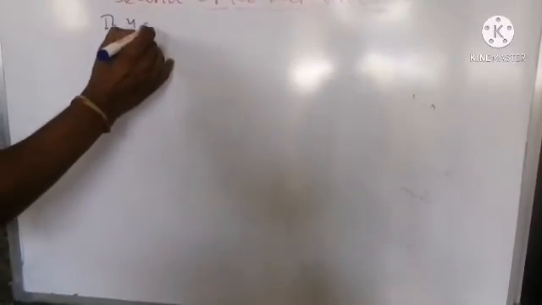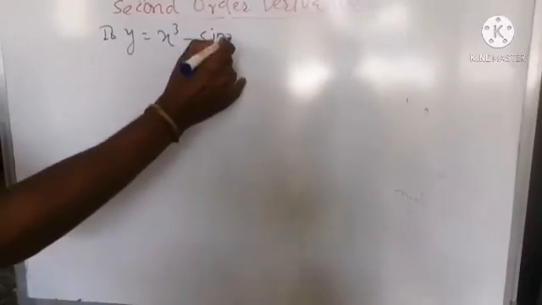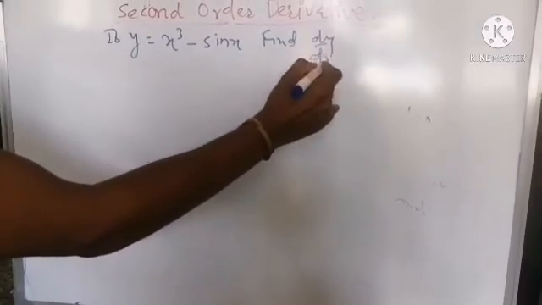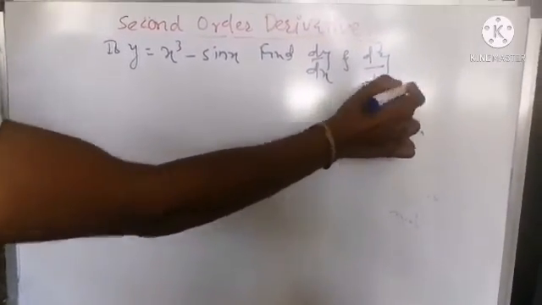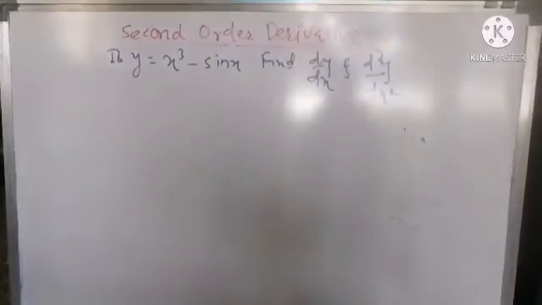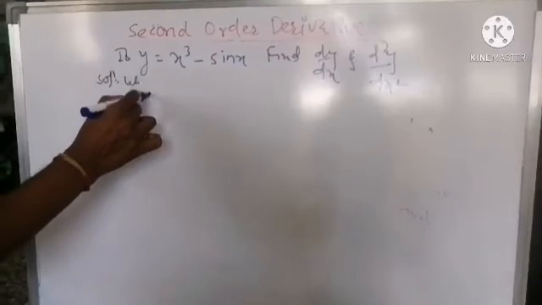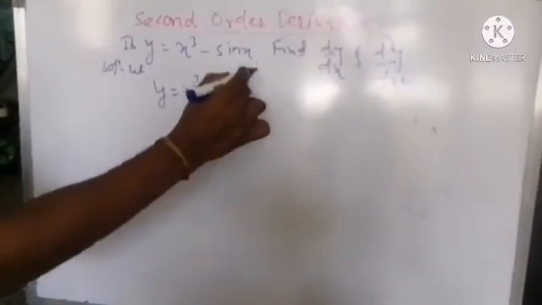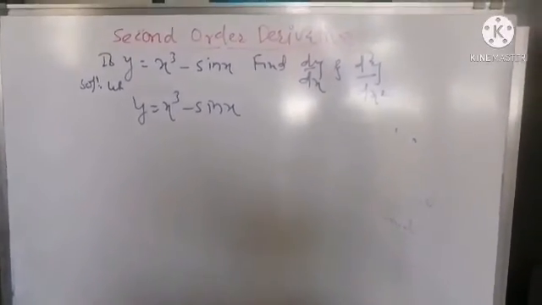If y is equal to x cube minus sine of x, find dy by dx and d square y by dx square. The example is like this. Here in solution, as y is equal to x cube minus sine x is a given explicit function, y is dependent, x is independent.